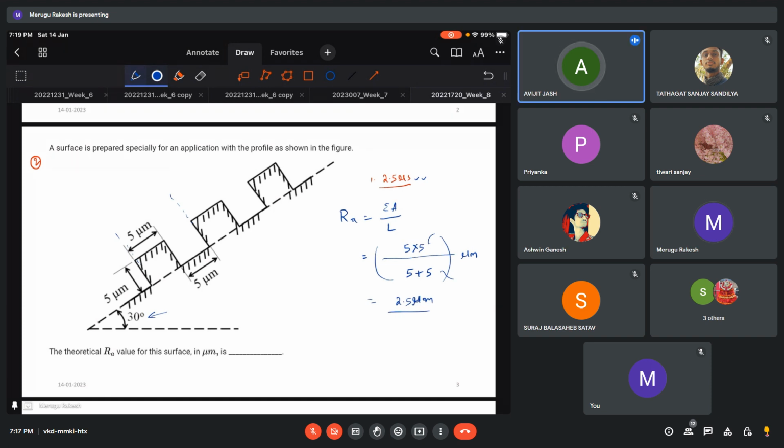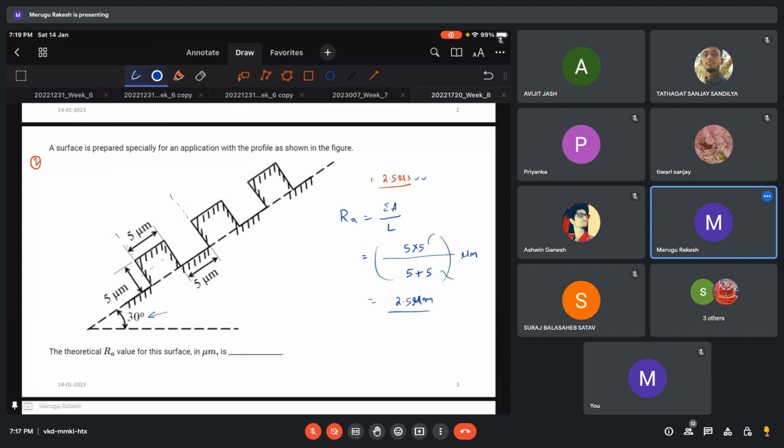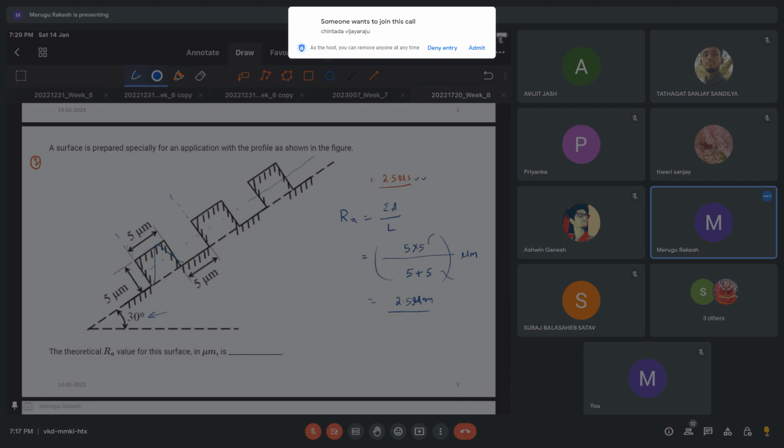But sir, if we directly do 5 by 2? That also you can do. But as I discussed, the shape here is square, so it is quite simple. Suppose I give a triangle or something else, then you can see.